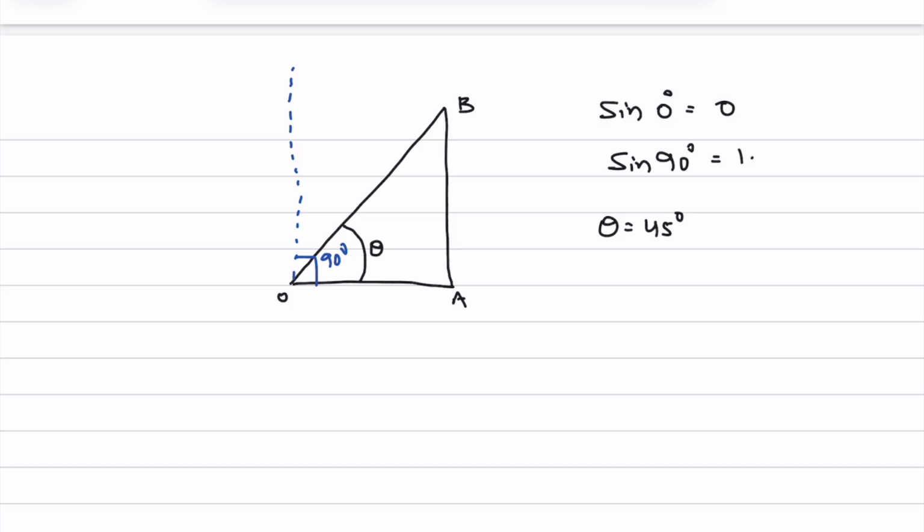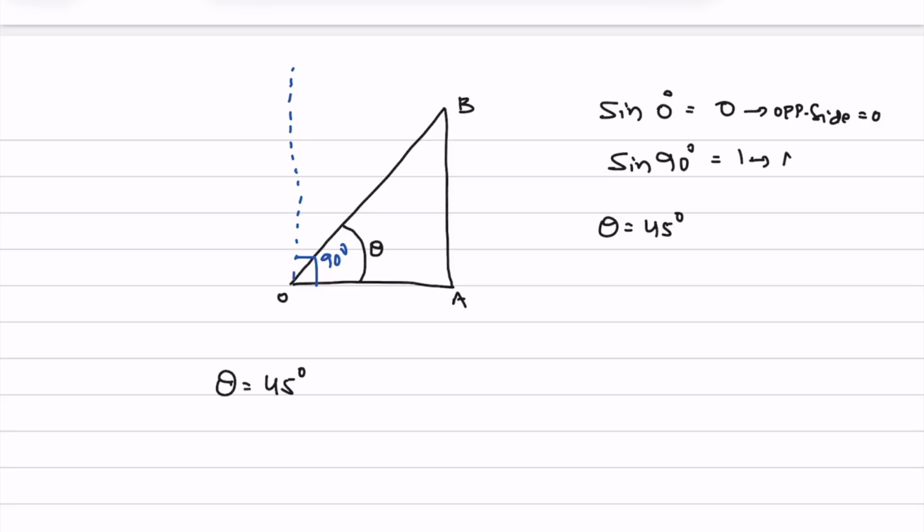When theta is equal to 45 degrees, adjacent side is equal to opposite side. Please remember this. Here, when theta is equal to 0, the opposite side is 0. When theta is equal to 90, adjacent side is equal to 0.